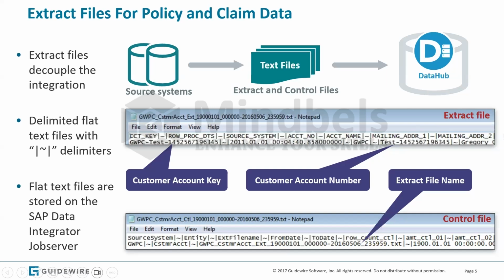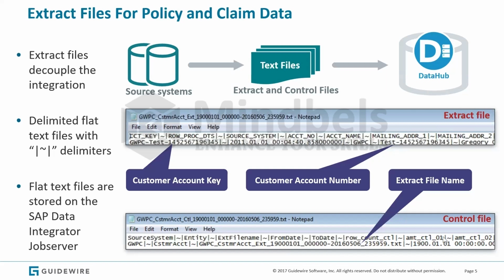This is an example of an extract file, where we have our data and the columns which we pulled from sources, and the control file holds the metadata, which is the source system entity, file name, from date and to date, from which date to which date the data is coming.